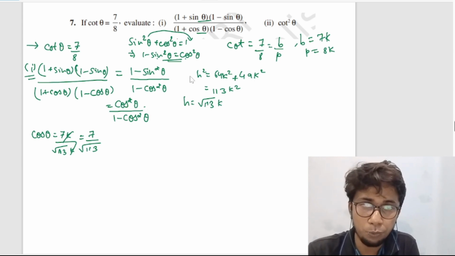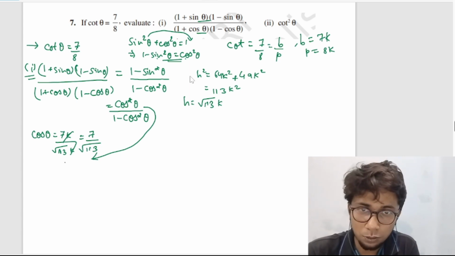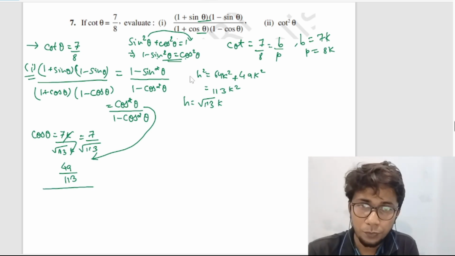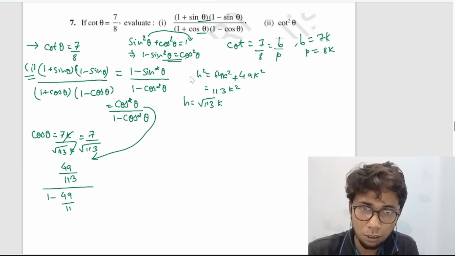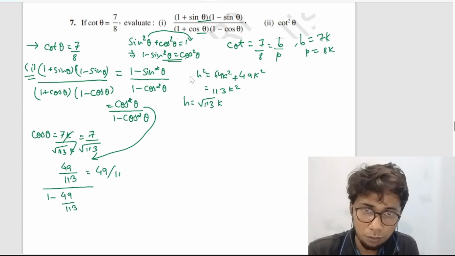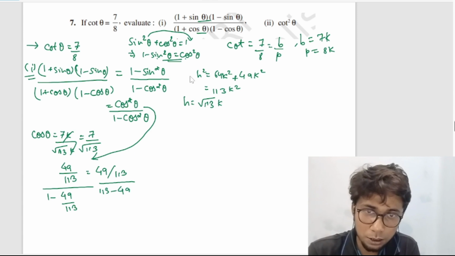Now we'll put it in this expression. Cos square theta is 49 over 113 by 1 minus cos square theta, that is 1 minus 49 over 113. We'll simplify it. This will be 113 minus 49 over 113.